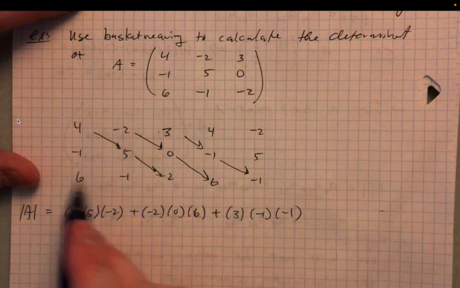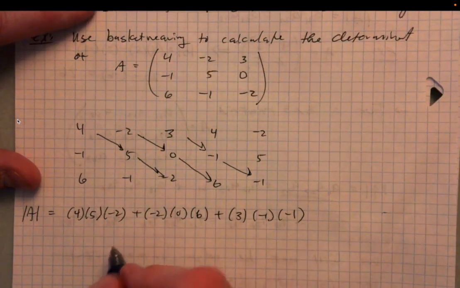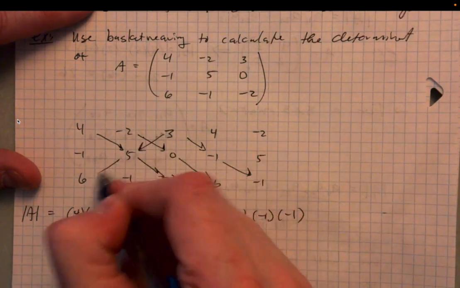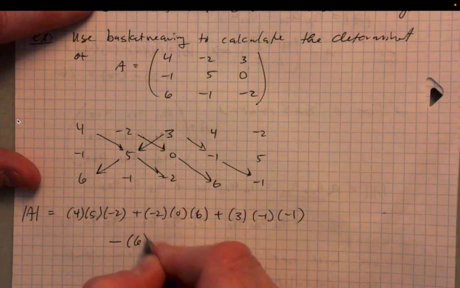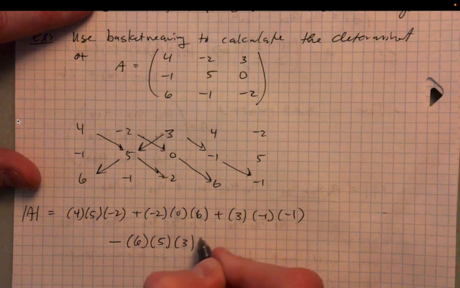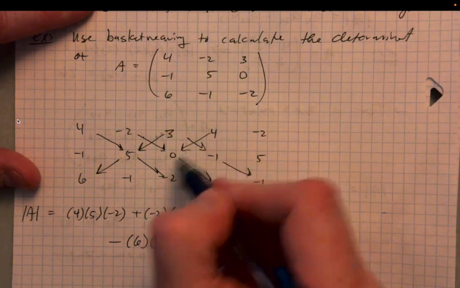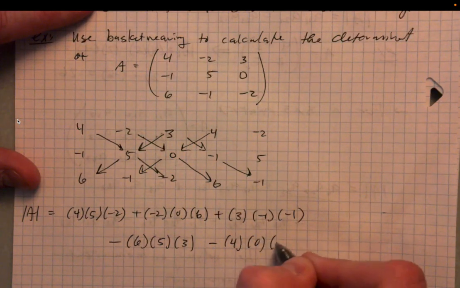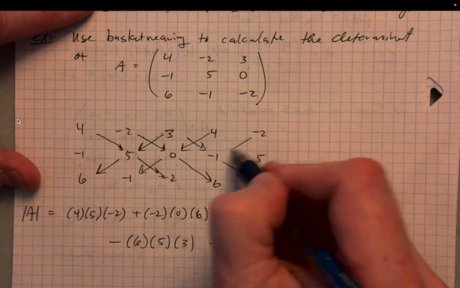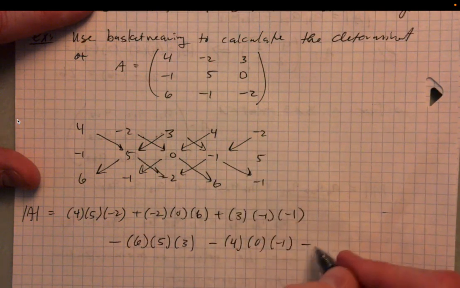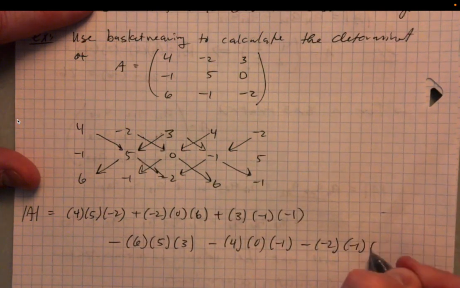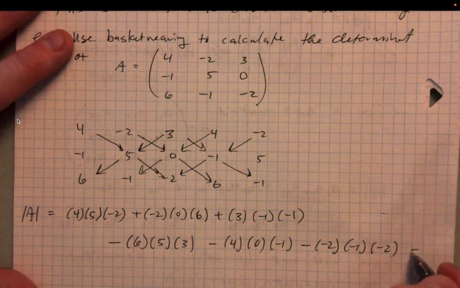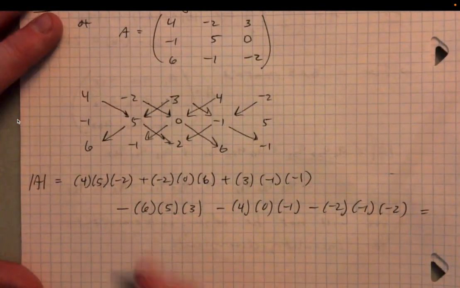Those are all the arrows in the right direction, and the left direction are negative, so it would be those three. So 6 times 5 times 3, minus these three, 4 times 0 times -1, minus, and then finally those: -2, -1, -2. Again, we memorize nothing here, and we can remember how to do this.